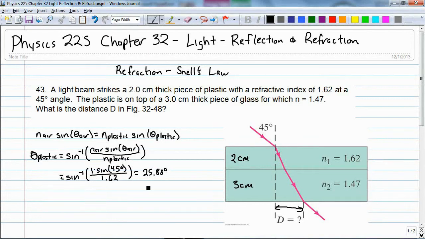Now I want to find this distance here. We'll call this D1. And D1 is just going to be equal to the distance of the plastic times the tangent of theta plastic.